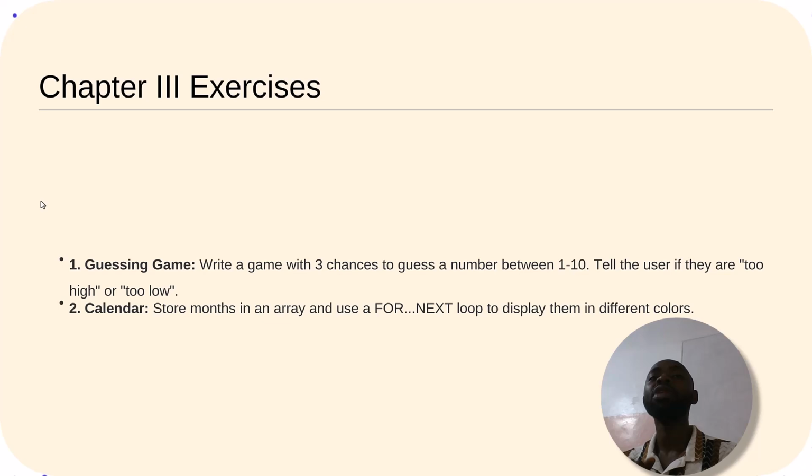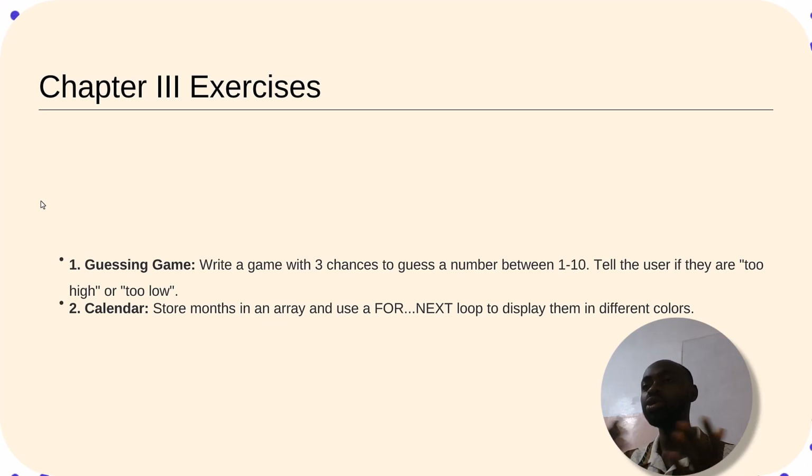So let's look at some exercises. I want you to write lines of code. Basically, I'll call it a game. Write code with 3 chances, using the IF condition, the logical decision, IF THEN.